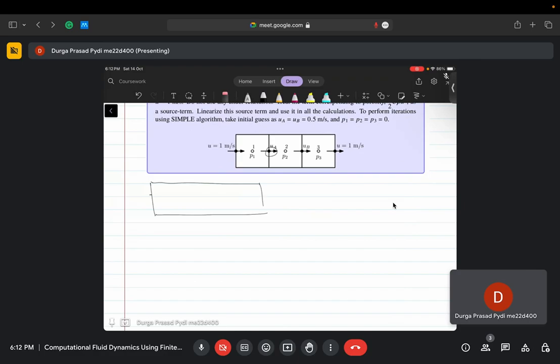So I'm writing for this particular cell. So it will be somewhere between this and this. So my equation goes as minus del p del x.